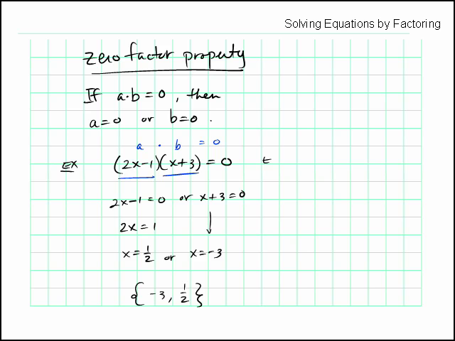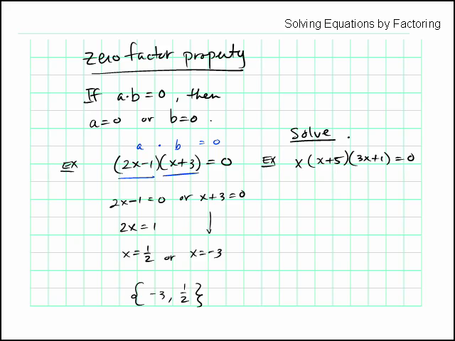Here's another example. Keep in mind that in all of these, the directions are to solve. So I have x times x plus 5 times 3x plus 1, and it equals 0.